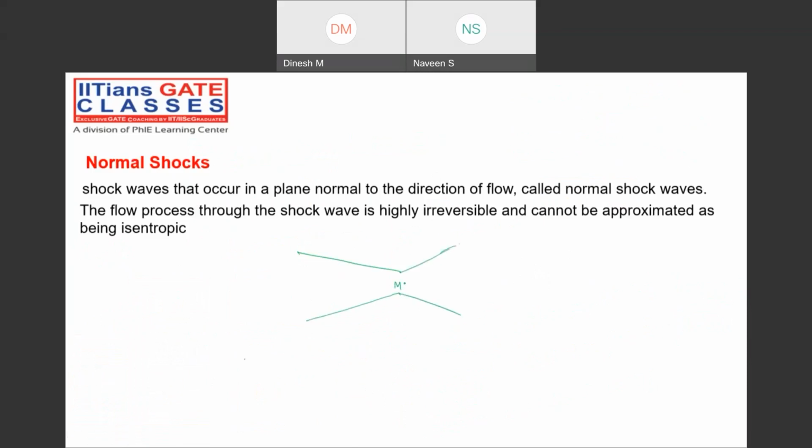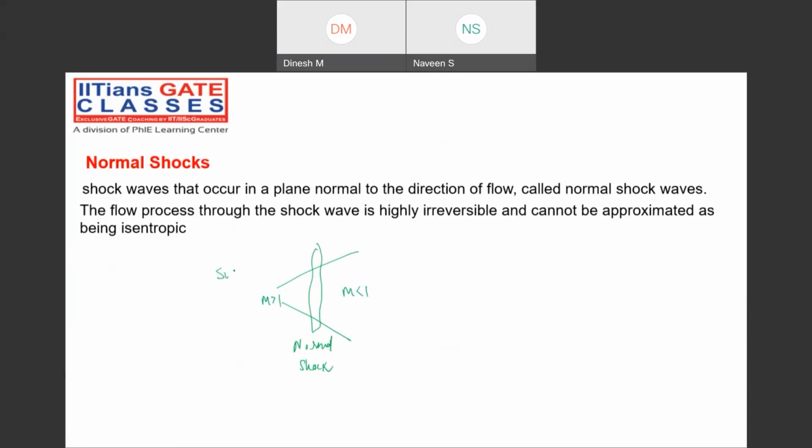So suppose here the Mach number is more than 1, because of the normal shock the Mach number will be less than 1.